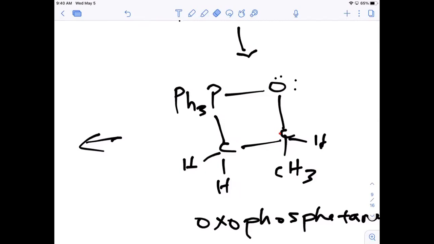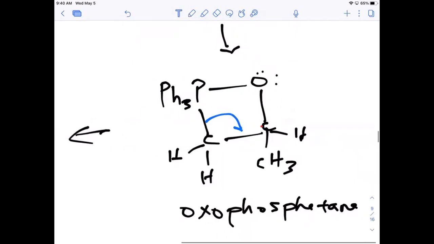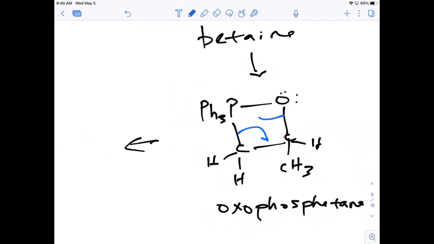Those are kind of too far away, but I can use one of the bonds. I can use this bond right here and break it and put a pair of electrons there. And I can take this C-O bond and break it and give those electrons up here. I can do that, and that's what happens. It actually decomposes like that, and that's where your alkene is going to come from.